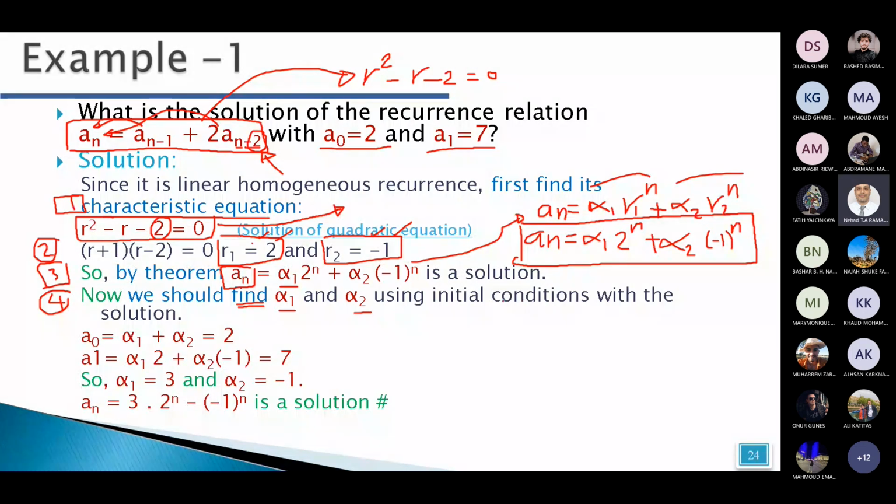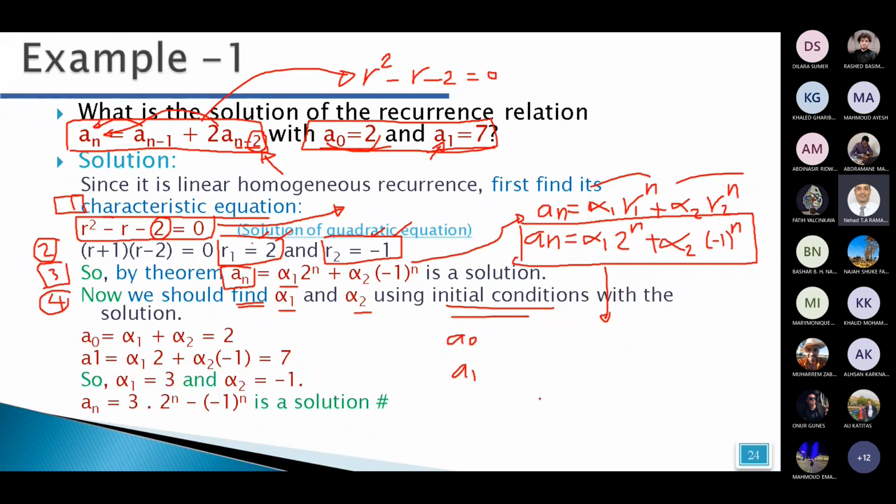We can find them using the initial values, the initial conditions. Why? Because we can use the solution with these initial values to get two equations for alpha. So let's take this equation for a_0, which is the first initial condition, and for a_1, which is the second initial condition.